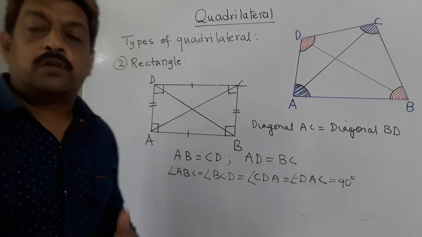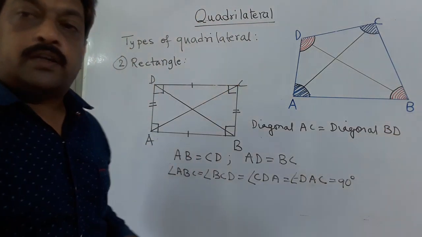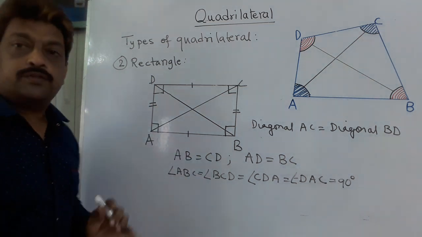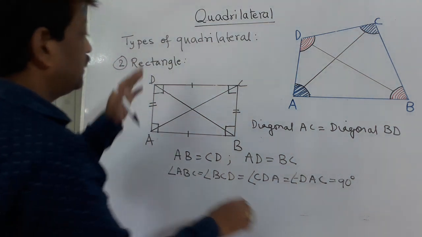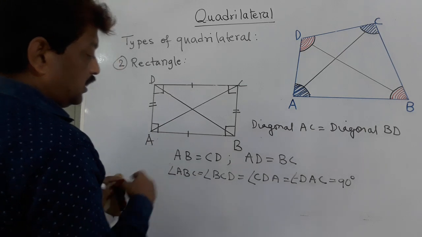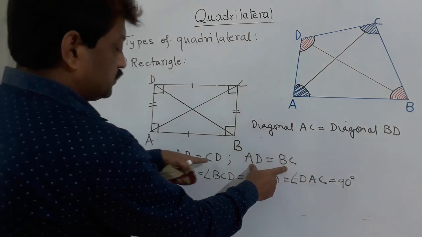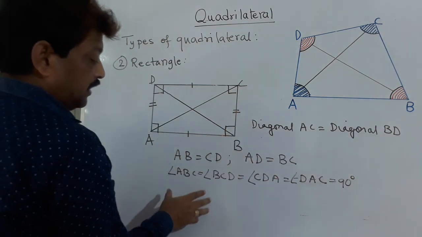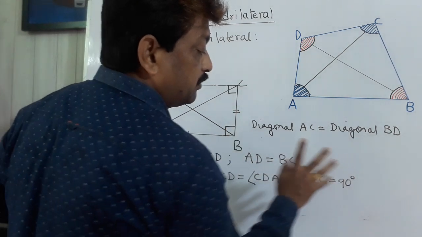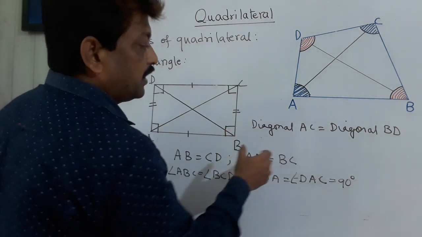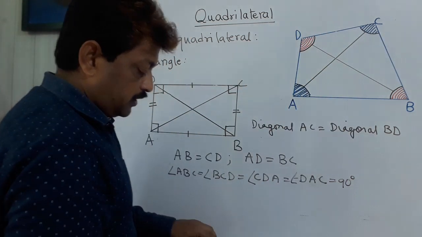In a square also the diagonals are equal. So hope you have understood a rectangle. A rectangle is a quadrilateral in which the opposite sides are equal, AB equals CD and AD equals BC, and all the four angles are equal to 90 degrees, as well as the diagonals are also equal.